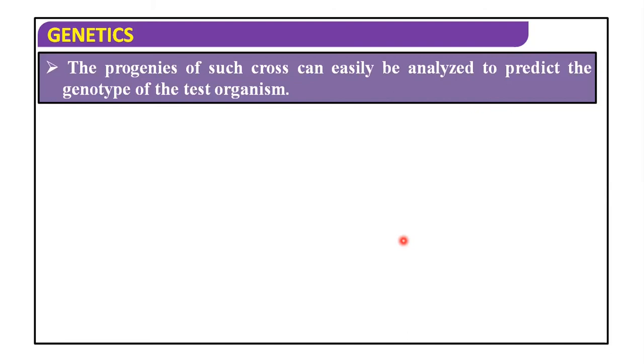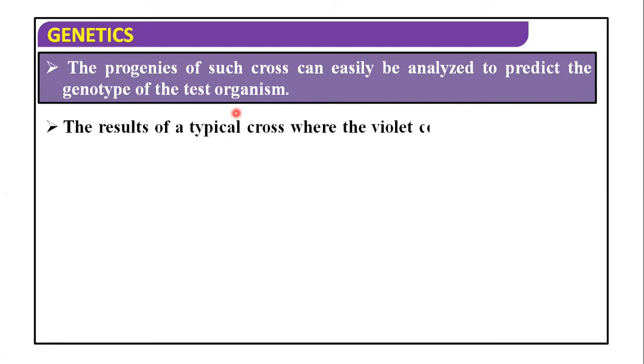Since the offspring is crossed back with one of the parents, it is known as backcross. So both the terms are clear, test cross and backcross. The progeny of such a cross can easily be analyzed to predict the genotype of the test organism.